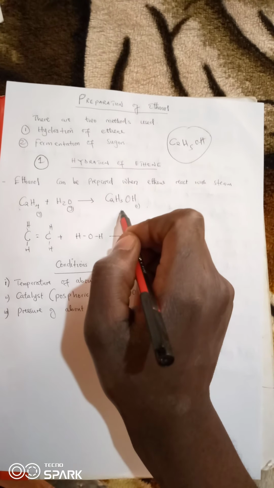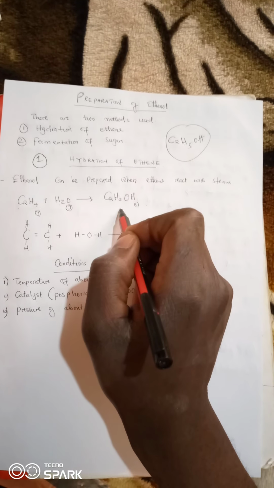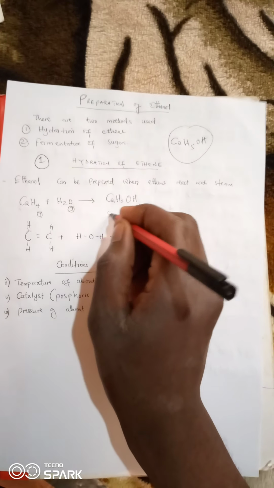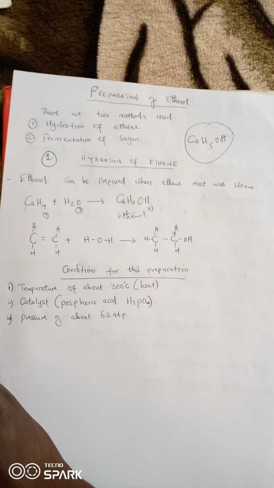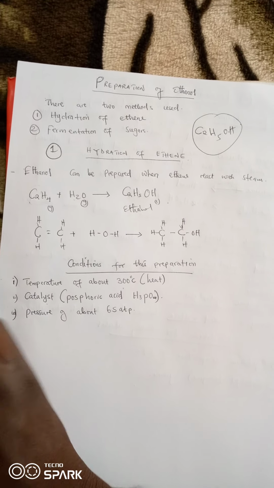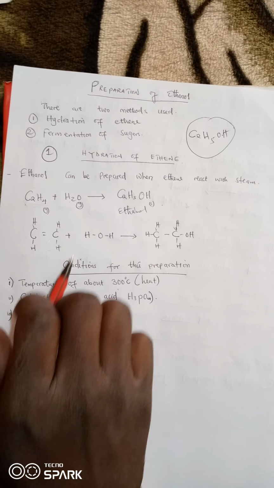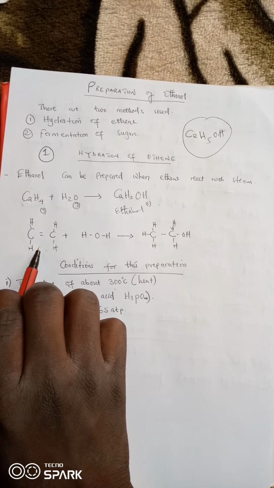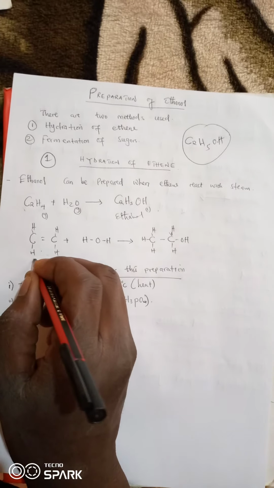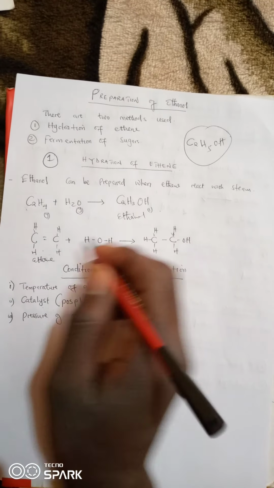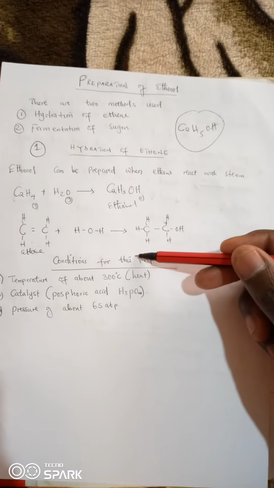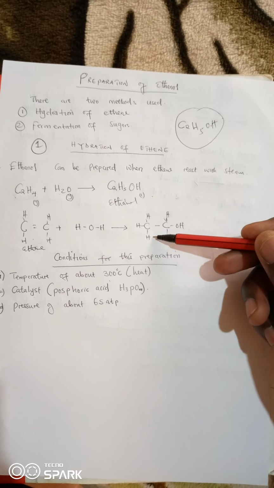It is going to give us an alcohol, which is the ethanol. So that is the first method there. And this is just a structure of ethene, and then water, structure for water, then this is ethanol now.